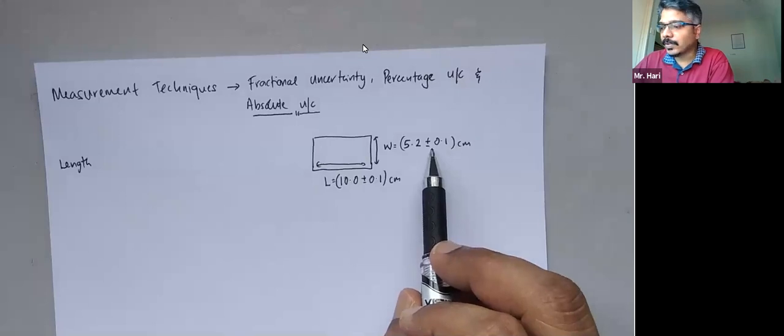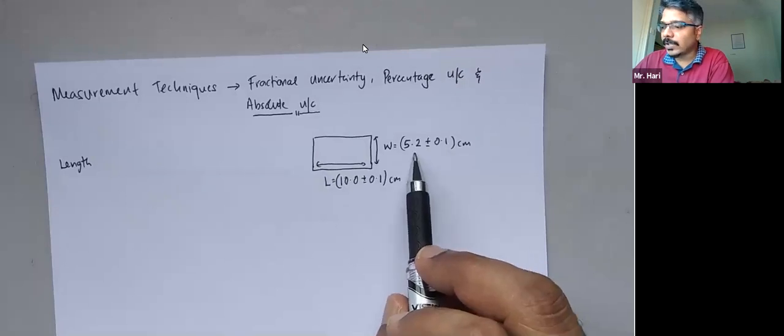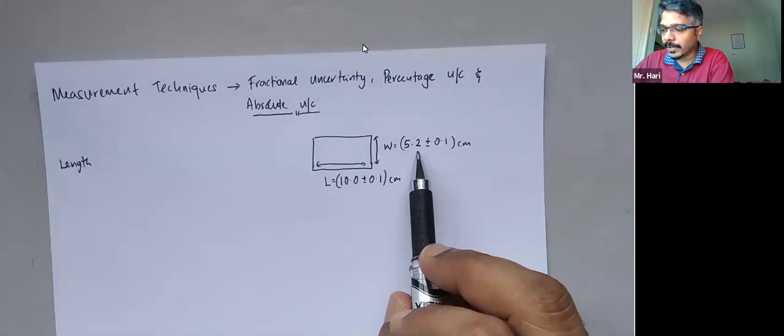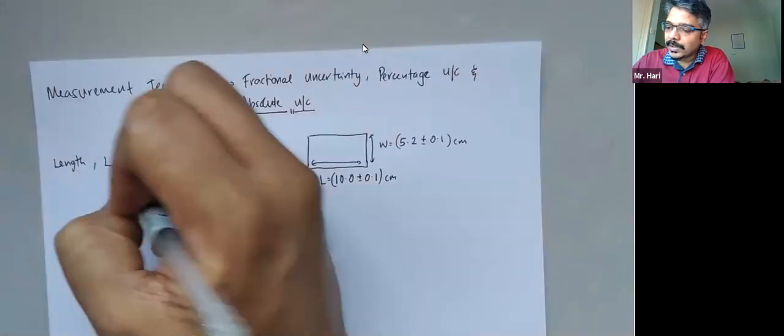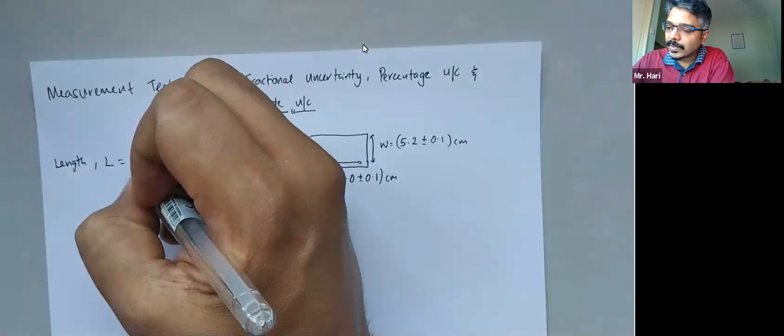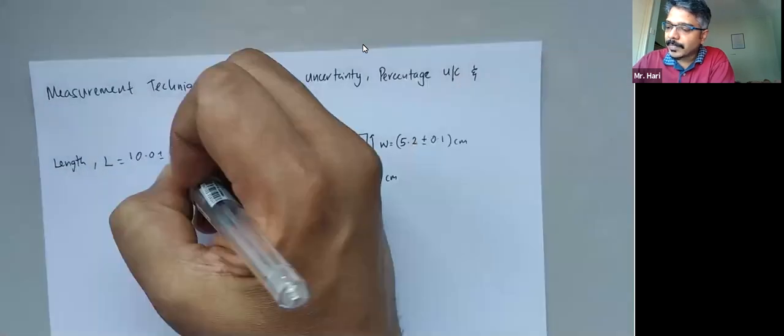Hence if this is 0.1, which is 1 decimal point, the measured value, in this case the width, must also be 1 decimal point. So the length L is 10.0 plus minus 0.1 centimeter.